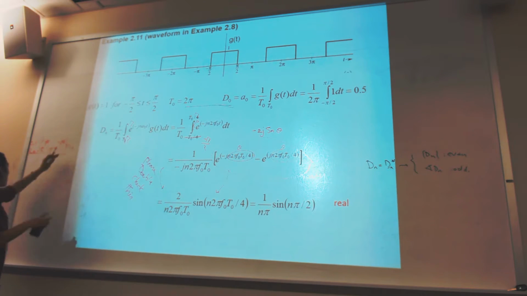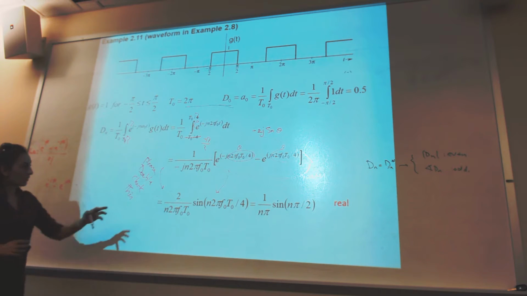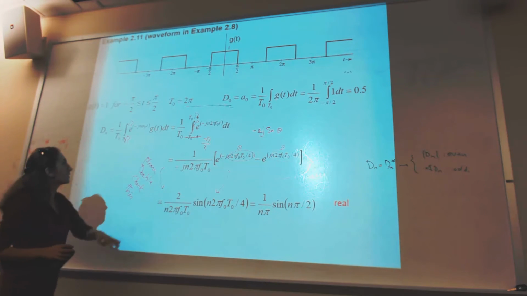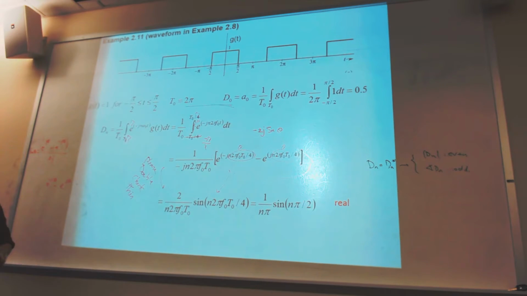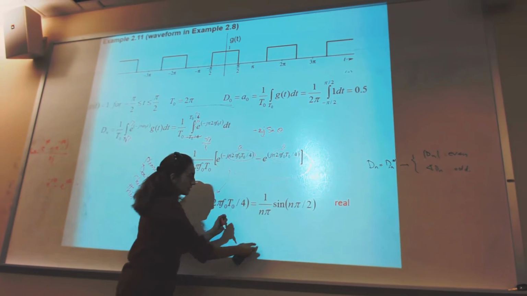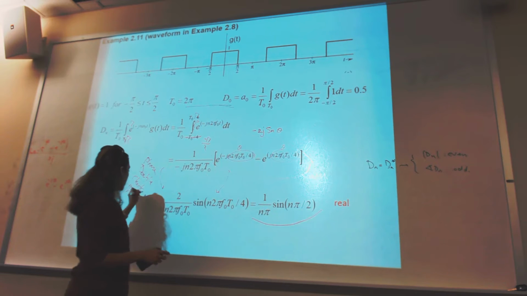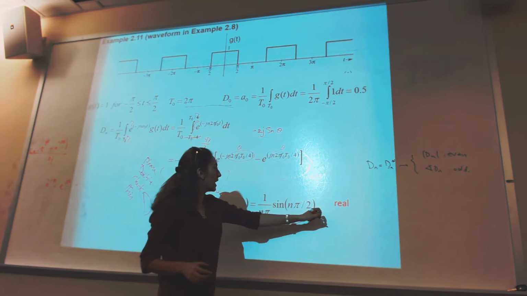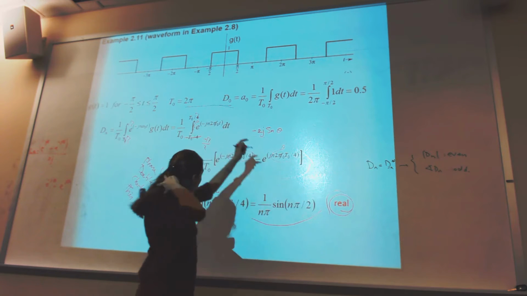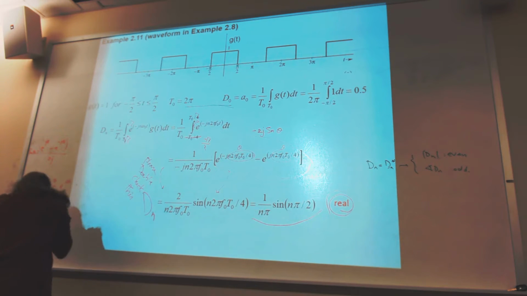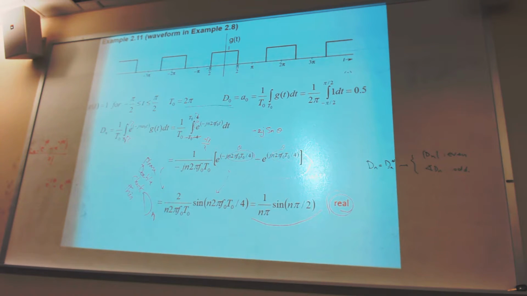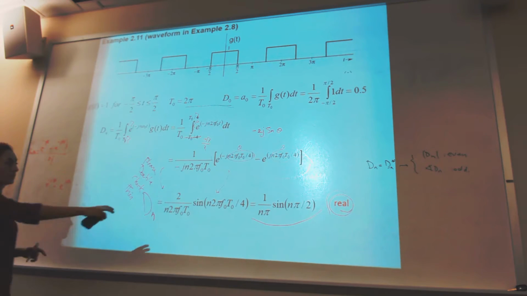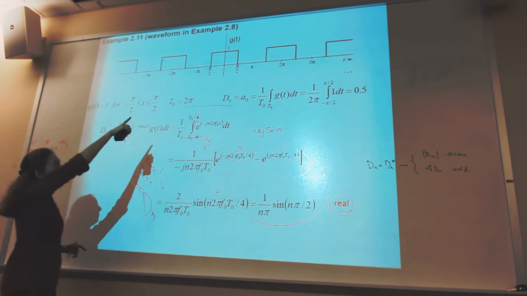And you use this form. Okay, very good. So you got another sinc function, as expected. You just simplify and this is D n. Now look at D n. There's no j here, so D n happened to be real. Why? Because my signal was even.